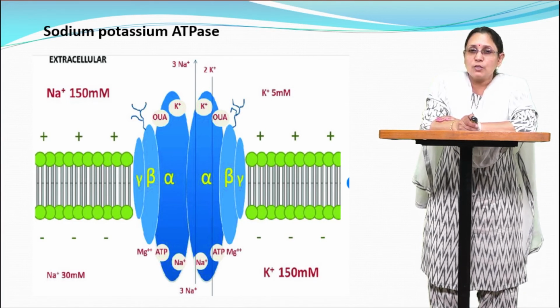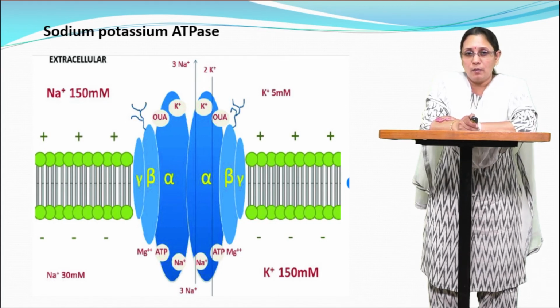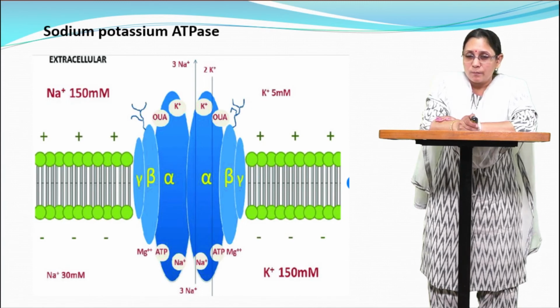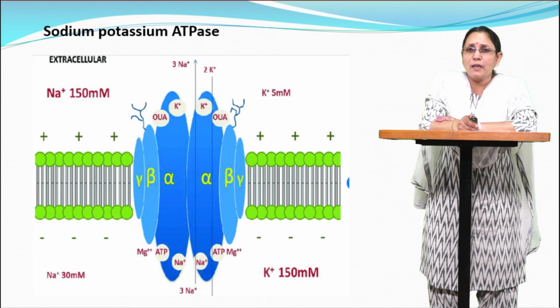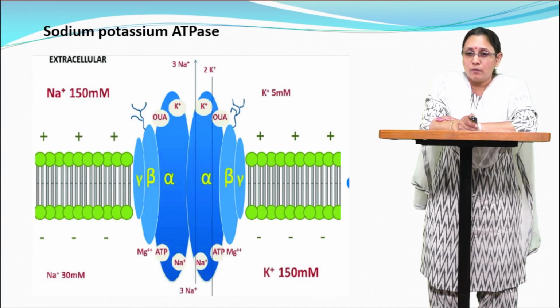Now, how does it work? ATPase, a type of channel protein, helps to maintain the mineral balance. Which minerals? Sodium and potassium. Fixed concentrations can be seen in this picture, in millimolar. Towards the extracellular side, sodium should always be near about 150 millimolar and potassium 5 millimolar.